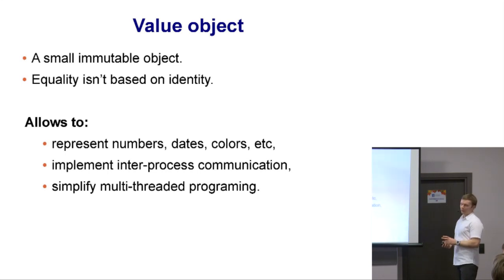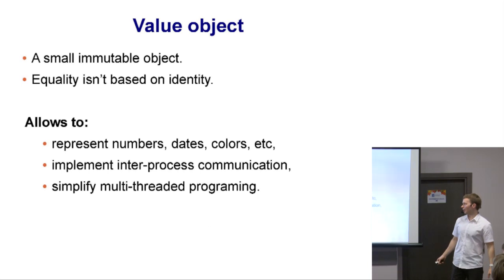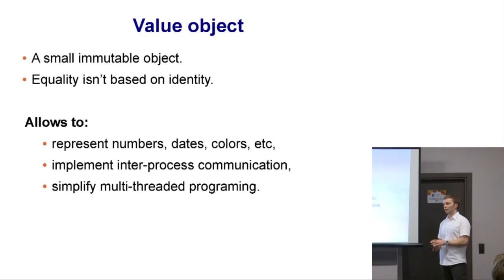Value objects are very handy when we need to represent data, to implement inter-process communications, or when we do multi-threaded programming, because value objects are immutable, so we can safely use such objects without synchronization.